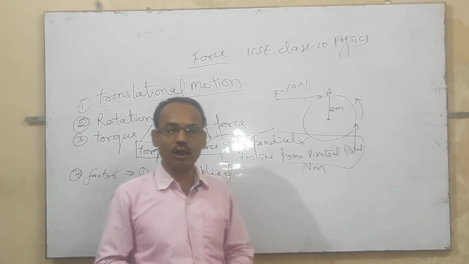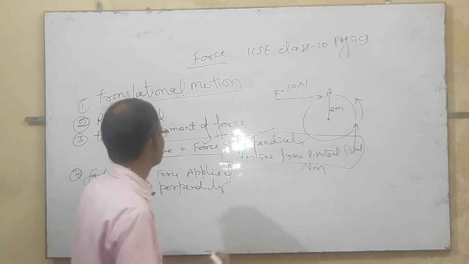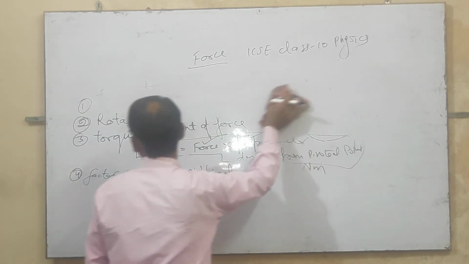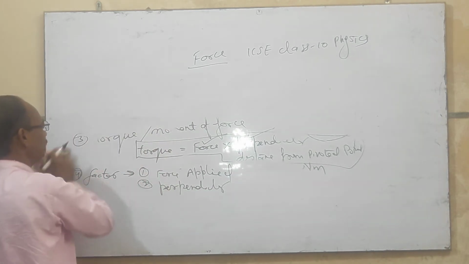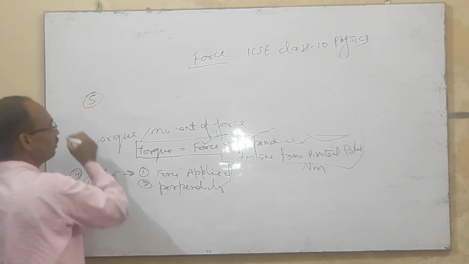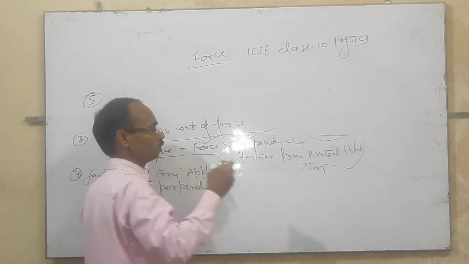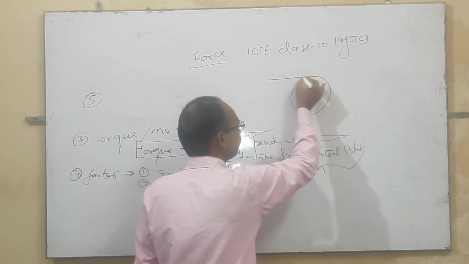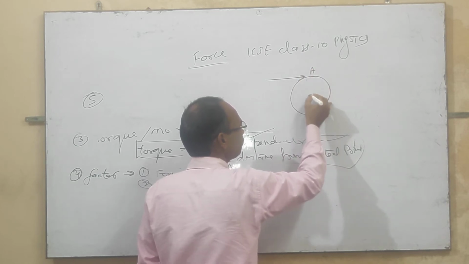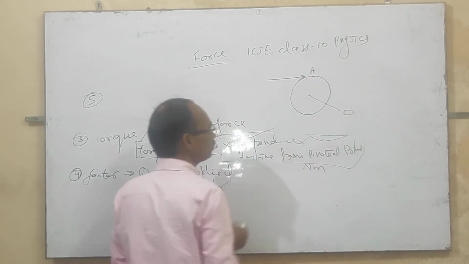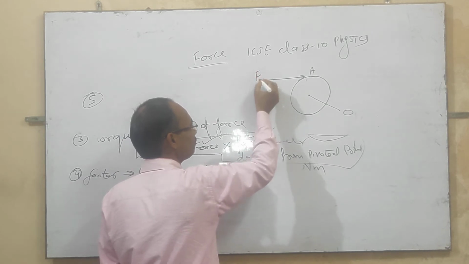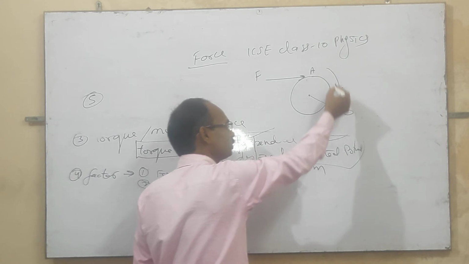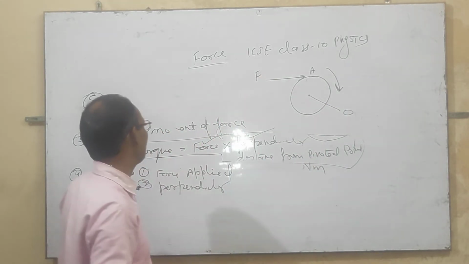The next point is clockwise or anti-clockwise. If a force is applied on a body, then there may be two types of motion. If you apply the force at this point A on the body and O is the center, then the body will move in this direction. It is known as clockwise movement.